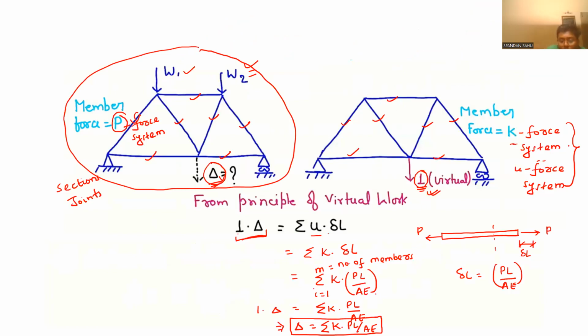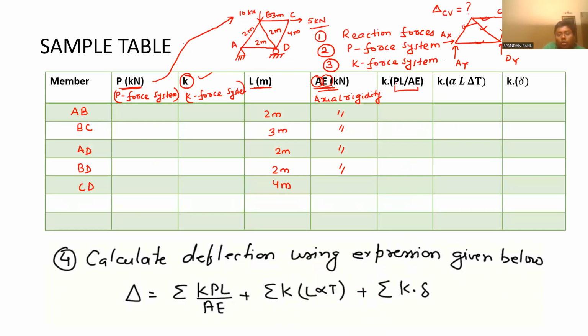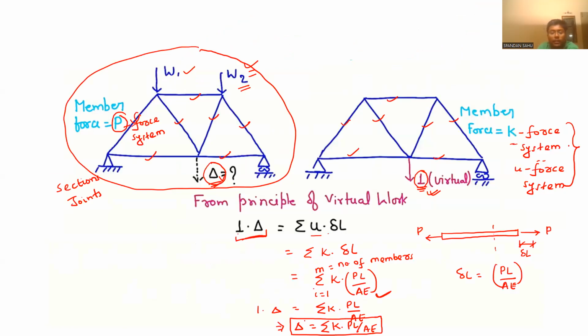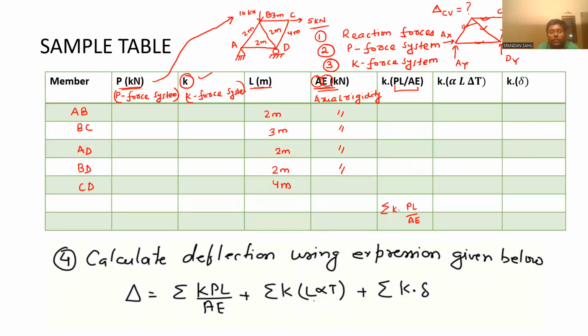This PL by AE is the real internal displacement occurring due to the external loads. So K into PL by AE for each member you can note down now. When you do the summation of K into PL by AE, it will give you the required displacement for the joint C, what we are interested in.